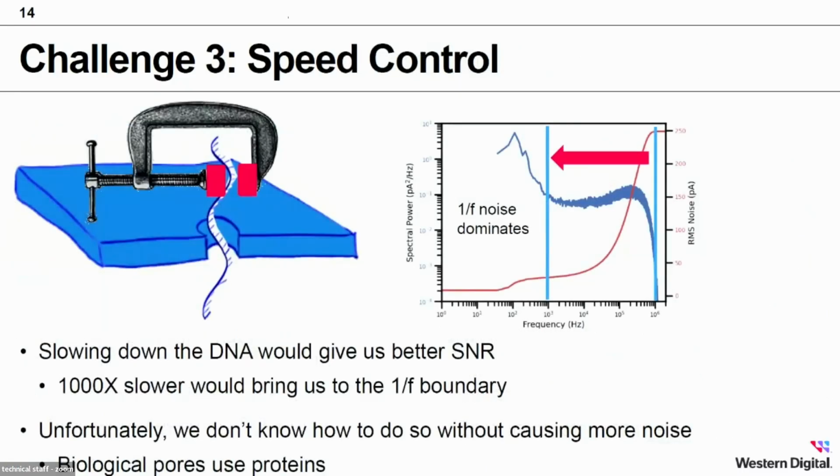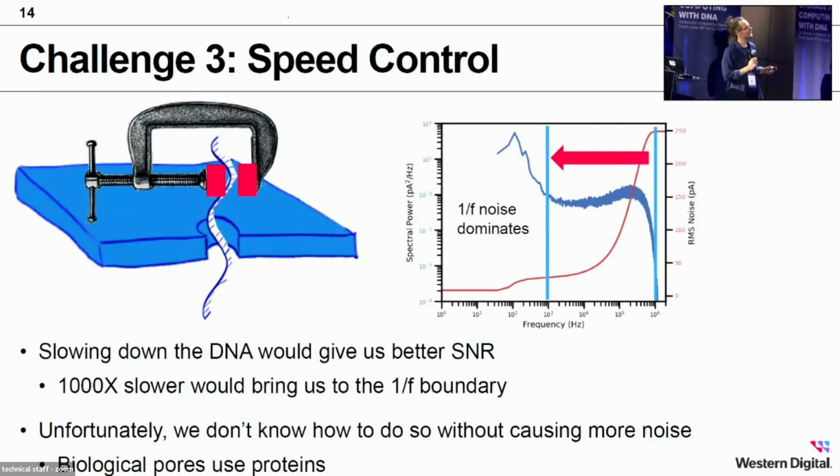And yeah, so there are complicated interactions with the surface. There are some ideas to control the motion. In the end, that's what's done in the biological pores with Oxford, where you have a motor protein that the DNA threads through and that controls it. But that comes at a price. Now you have a relatively slow translocation that gives you throughput issues.